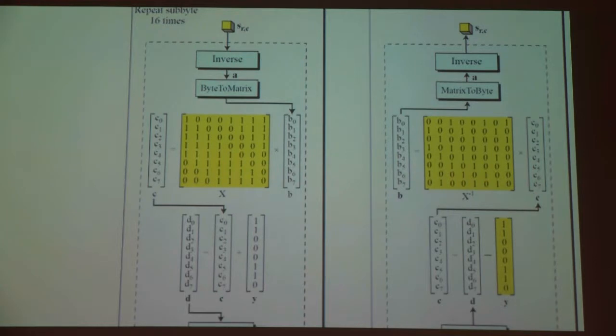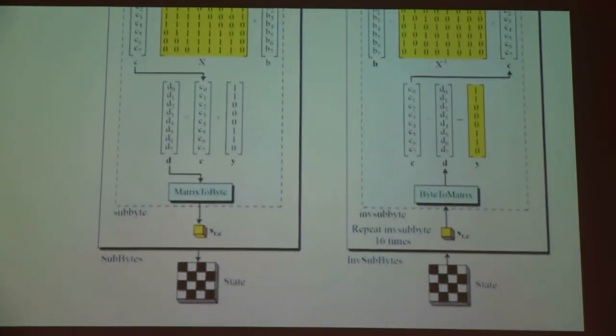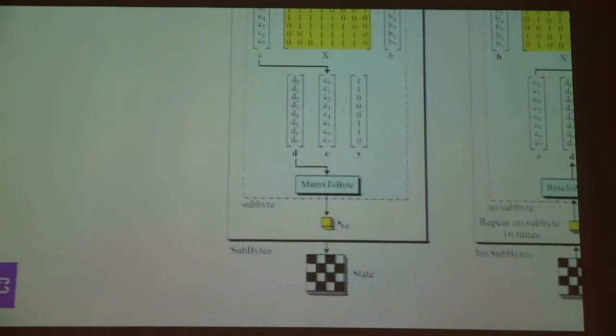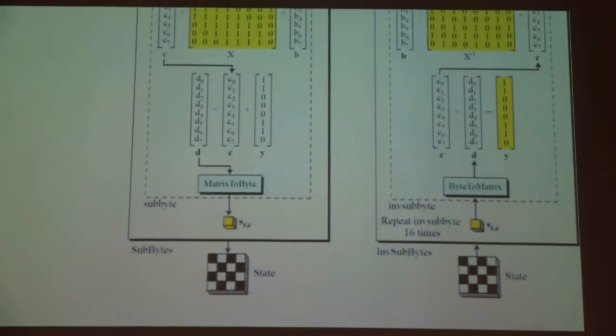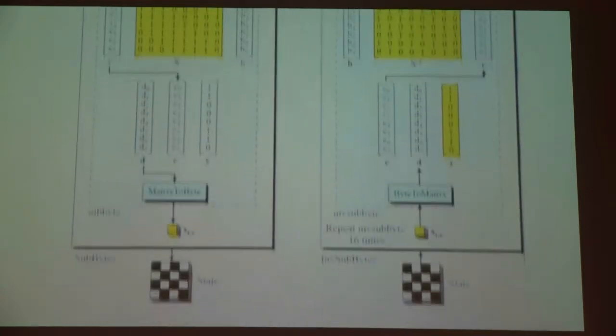When you multiply them together, it will give you the intermediate value, which is C. Then the C, you add it to another matrix called Y, and then it makes a byte in here, and this is the new value. So basically, that's how we create this operation. It shows you how they created that table. All right. And the reverse operation in here.